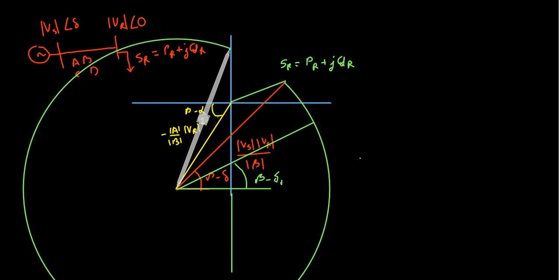So with this I am able to supply, at this point I was able to supply only this much of PR, and now I am able to supply much more PR.